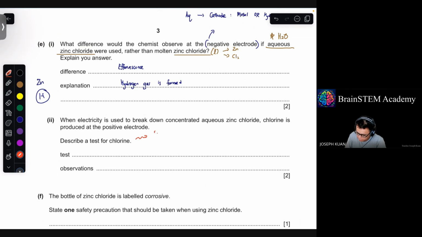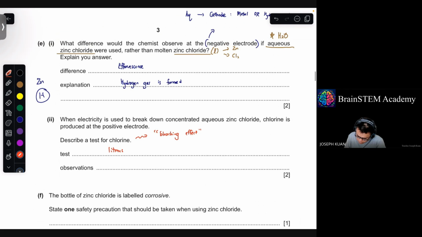We call this the bleaching effect. So how can you prove that the substance formed at the positive electrode is chlorine? By simply taking a litmus paper, and then the litmus paper will actually turn white, or you may say that it gets bleached.